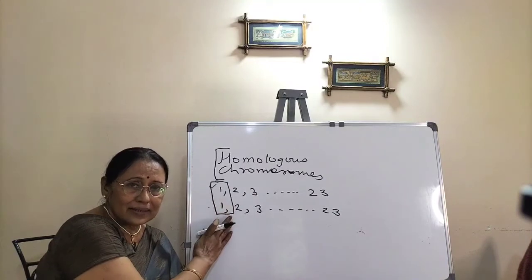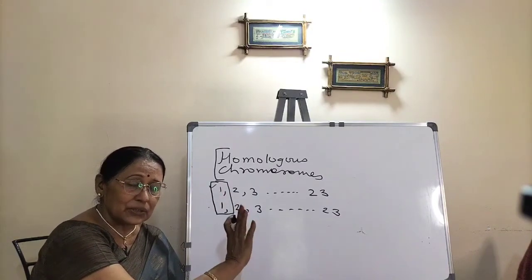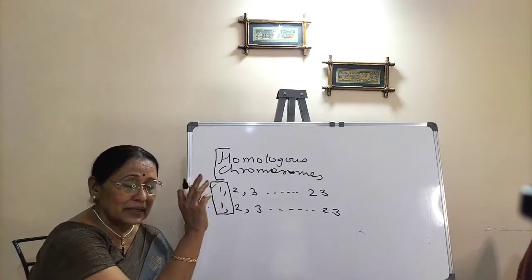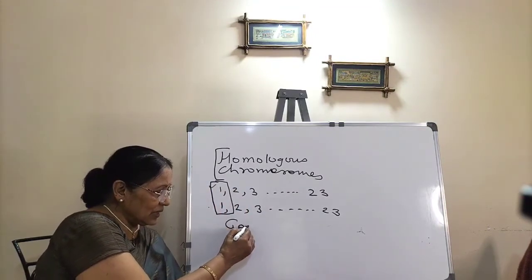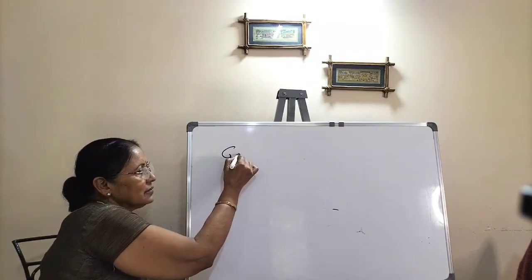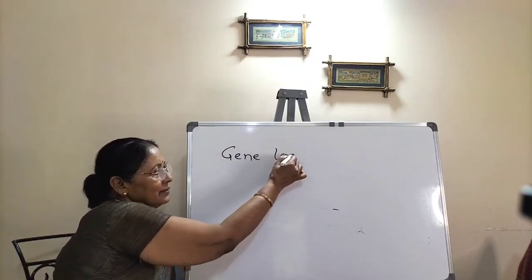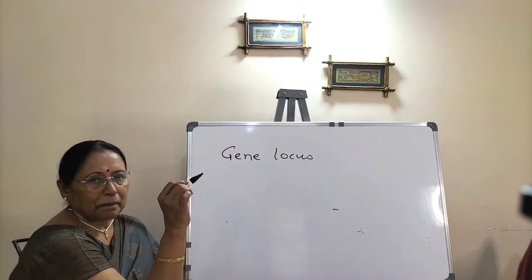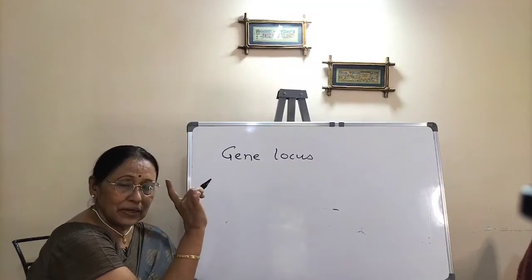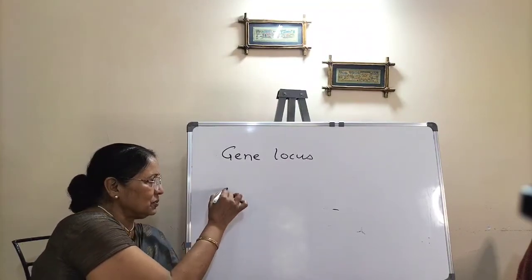Understanding what is homologous chromosome will help you in understanding the term gene locus. See what is gene locus. Gene locus. Fine. Let us take any one pair of homologous chromosomes.